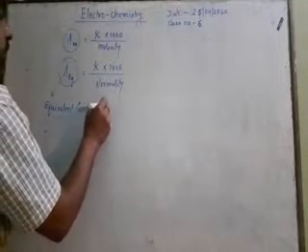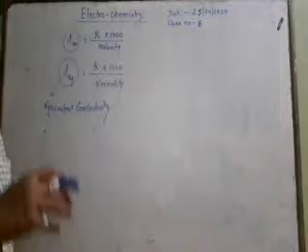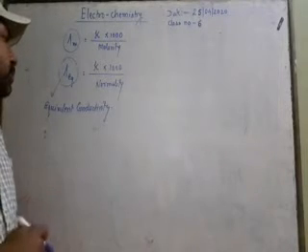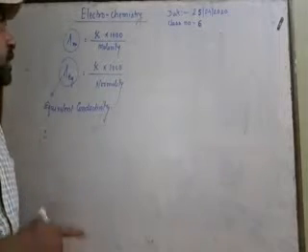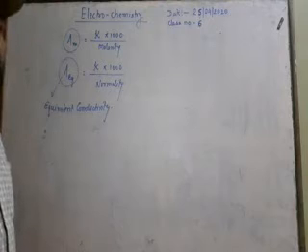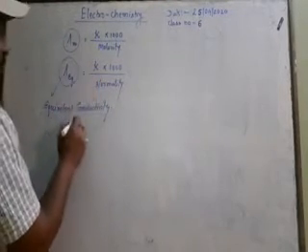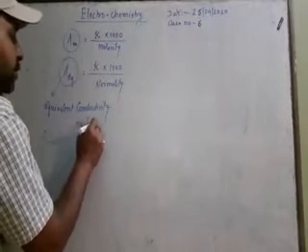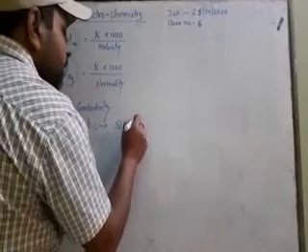Students, in the definition of molar conductivity, in place of 1 mole electrolyte, if we use 1 gram equivalent electrolyte, then the definition of molar conductivity converts into the definition of equivalent conductivity. In this condition its unit is Siemens centimeter square equivalent inverse.